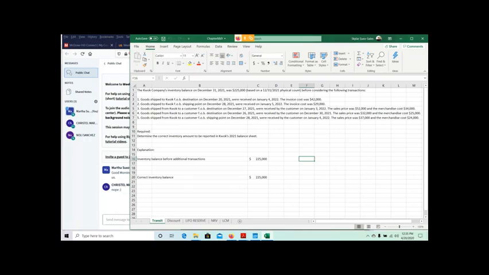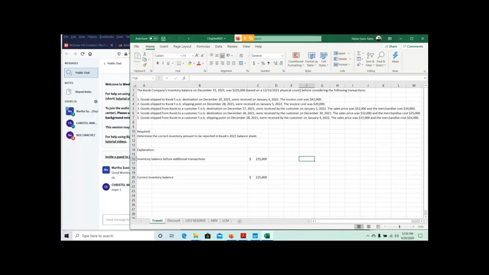If we remember, FOB destination means that the buyer is not going to record that as inventory until they receive the merchandise. So with FOB destination, the seller is the one responsible for carrying that merchandise on their balance sheet until it reaches the buyer's premises or warehouse.